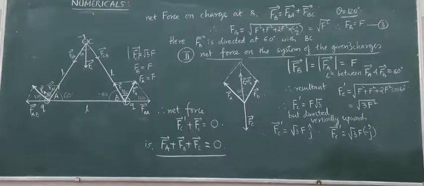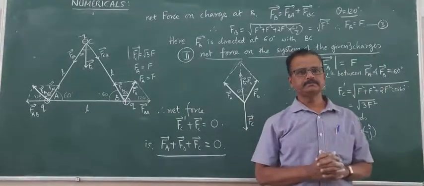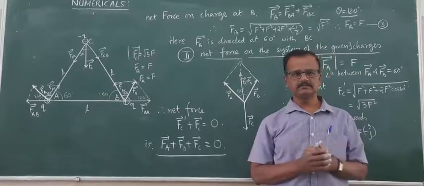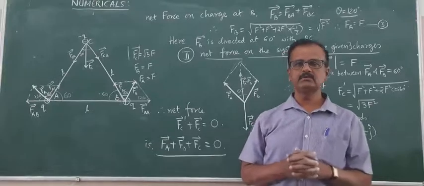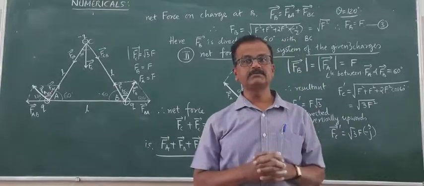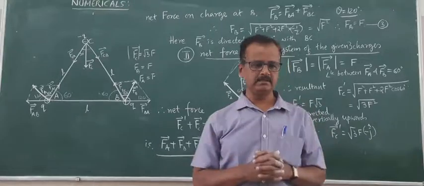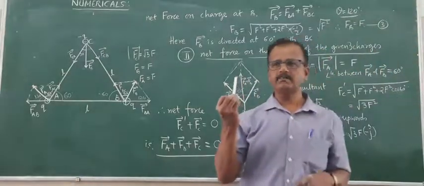Next, we will discuss what is electric field. Just like we have discussed what is the gravitational field, what is the magnetic field, we need to discuss what is electric field. You know the meaning of magnetic field? Suppose this is a bar magnet.